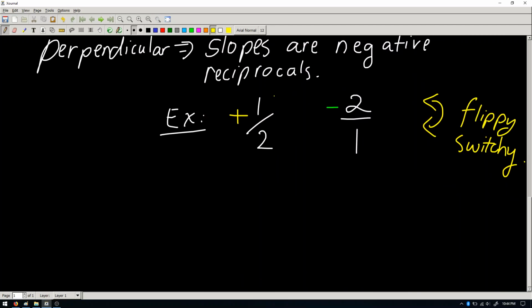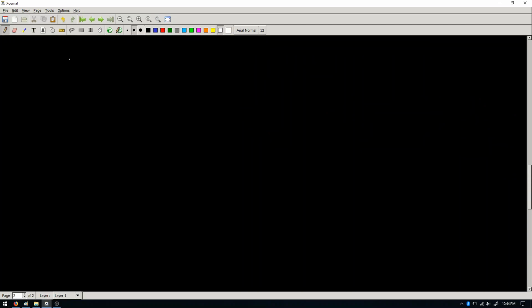So I've now dealt with parallel and perpendicular slope definitions. Let's use them in action, shall we? So on the next page, what we're going to have to do is write the following equation.